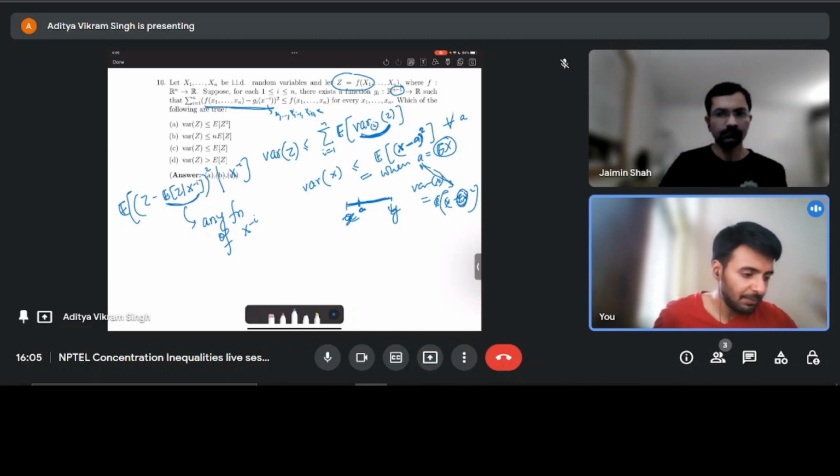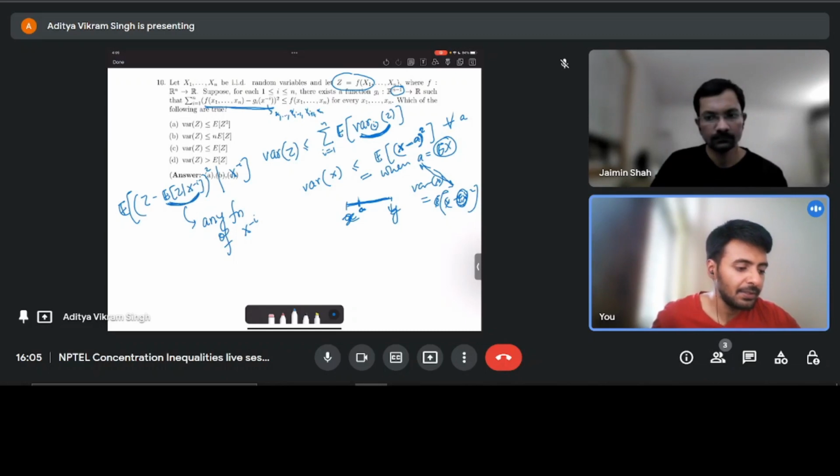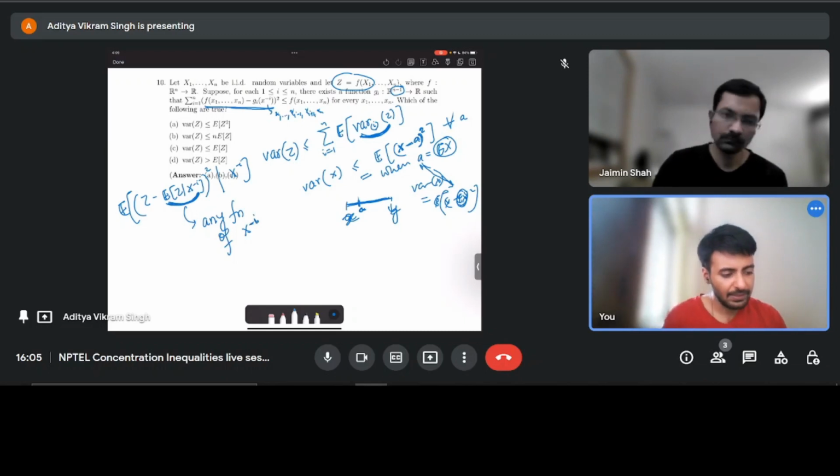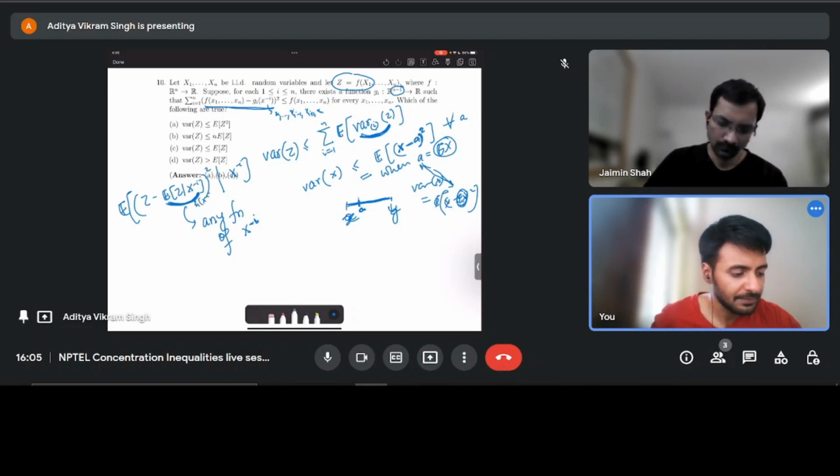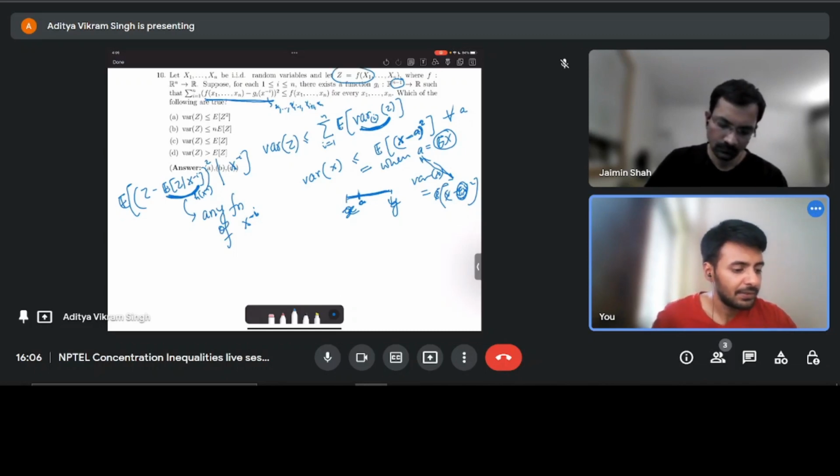So similarly you can replace this expectation of Z given X_{-i} with any deterministic function of X_{-i}. Any function which just takes X_{-i}, because this is also some function of X_{-i}, and this is saying that you can replace it with any. So just replacing it with these g_i's will give you that.